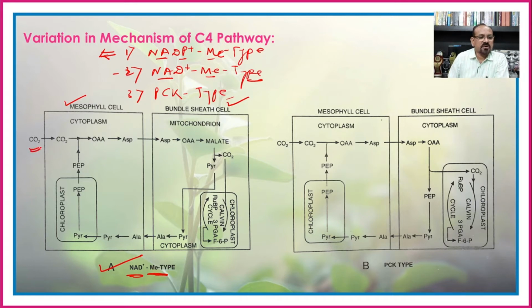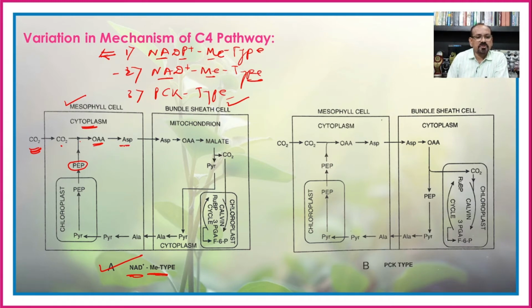The carbon dioxide which is absorbed from outside to inside in the cytoplasm is absorbed by the phosphoenol pyruvic acid, and there is formation of oxaloacetic acid that we have seen earlier.